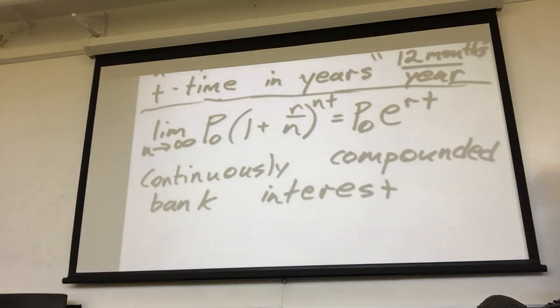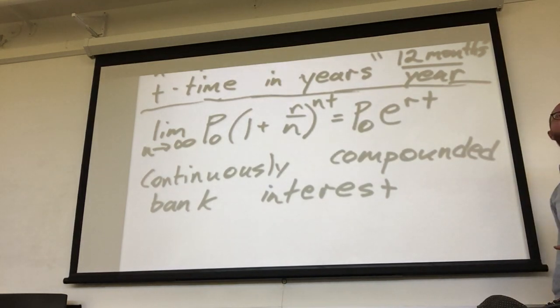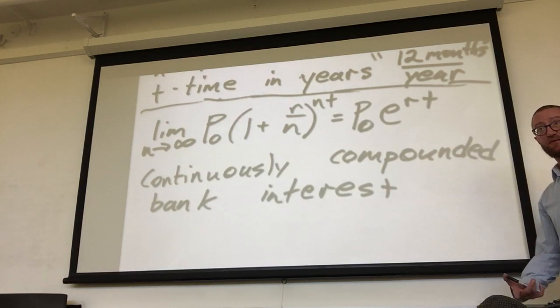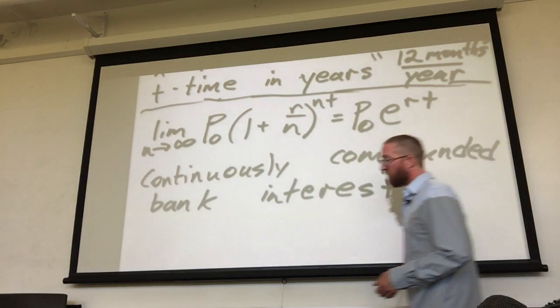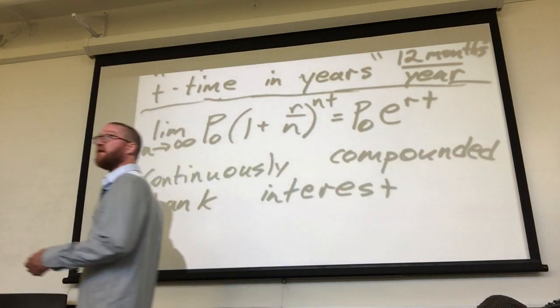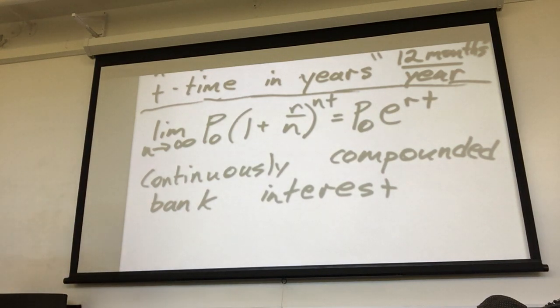And so what is happening, instead of the bank interest being compounded discretely, hence every single month, it's actually compounded every single second of every single day, not just every single second, because that would still be discrete, but every single millisecond. It's being compounded continuously.